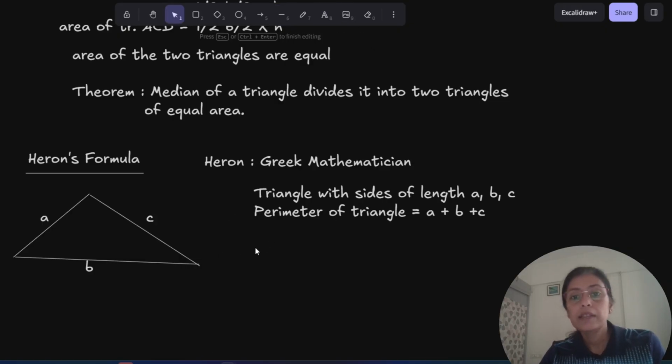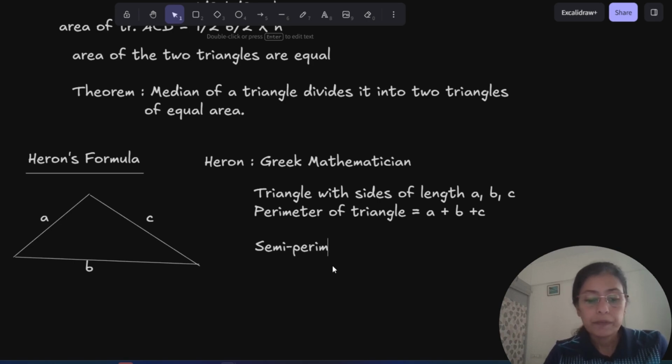And then what he did was he made us take the semi-perimeter. So semi means half. So here we'll name this semi-perimeter as S, small s.